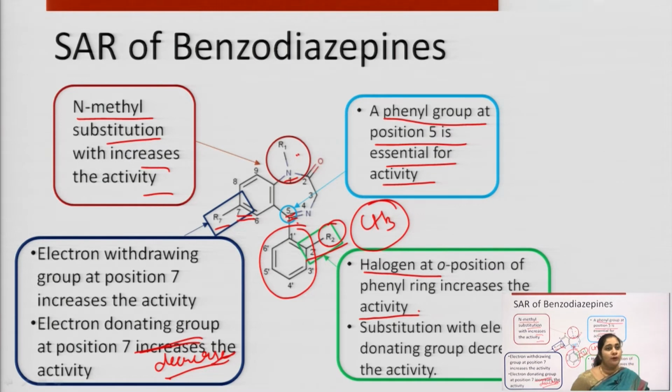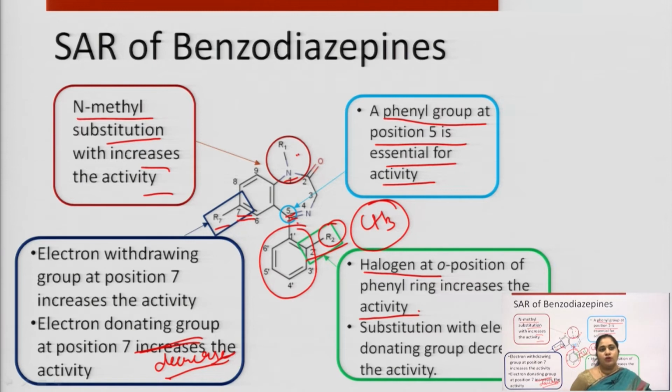When we talk about the nitrogen, N-methylation definitely increases the activity. At position number 5, the phenyl substitution is essential for the activity. At the R2 dash position, halogen incorporation has increased the activity, while an electron donating group like CH3 or any other alkyl group has decreased the activity. When we talk about R7, the scenario is almost similar.